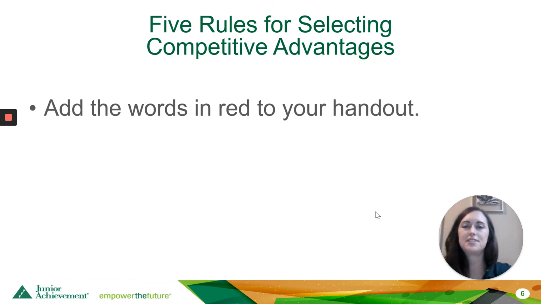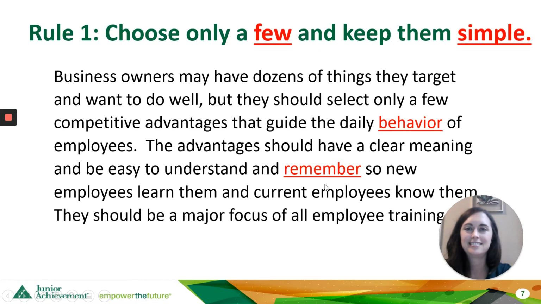The first rule is choose only a few and keep them simple. Business owners may have dozens of things that they target and want to do well, but they should select only a few competitive advantages that guide the daily behavior of employees.